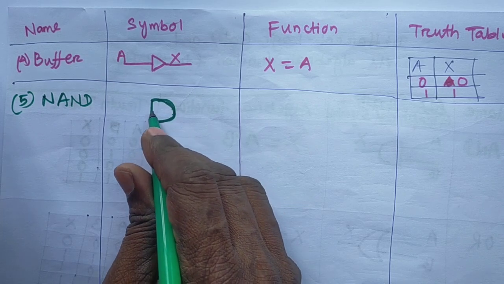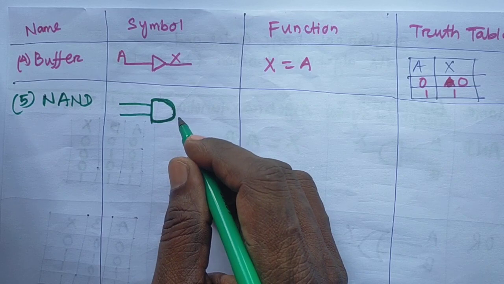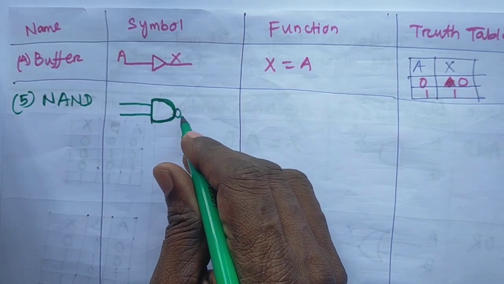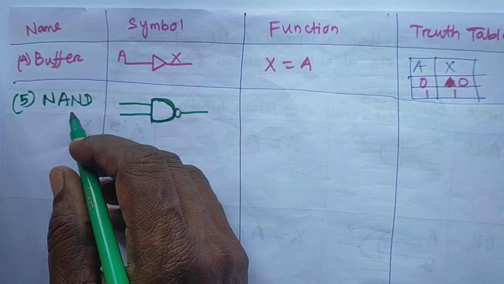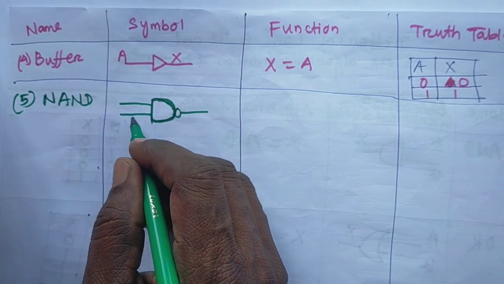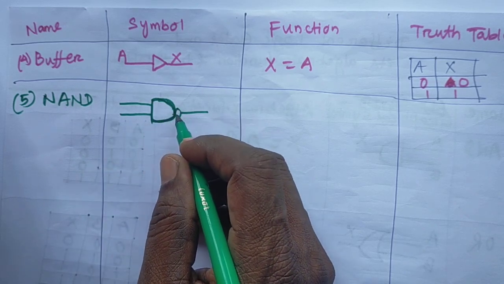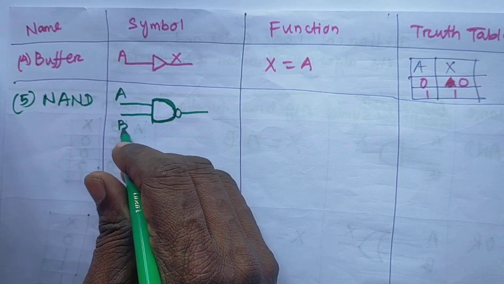Two inputs like this, and one bubble is required to make it negative. NAND means not AND. The same symbol, but with one bubble put here, then it represents a NAND.